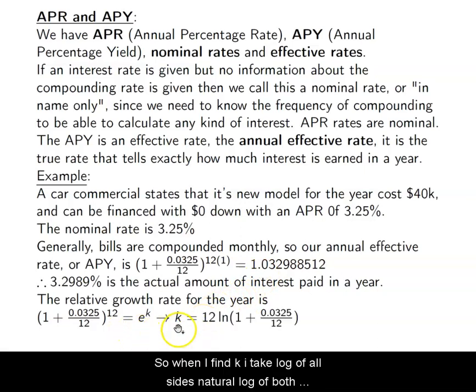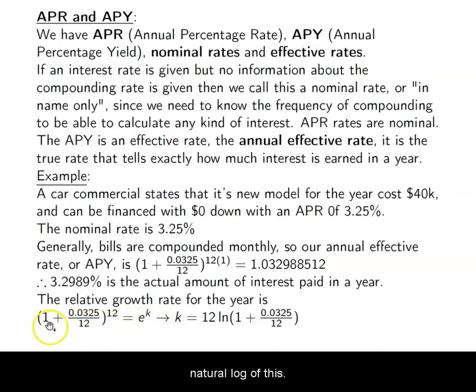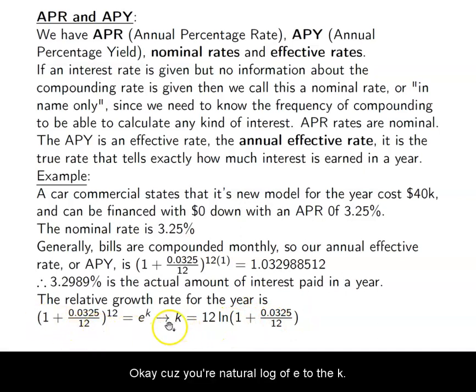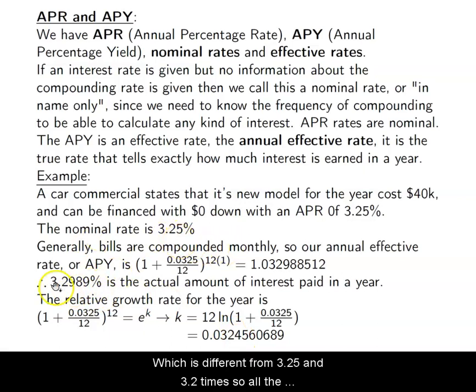Okay. So when I find K, I take the natural log of both sides, and I simplify it down, and we should get that the natural log of this is the same as 12 times the natural log of what's going on on the inside equals K, because here the natural log of e to the K, the natural log and e cancel, and we get just K. So if we calculate this, we get basically 3.246%, okay, which is different from 3.25 and 3.29.